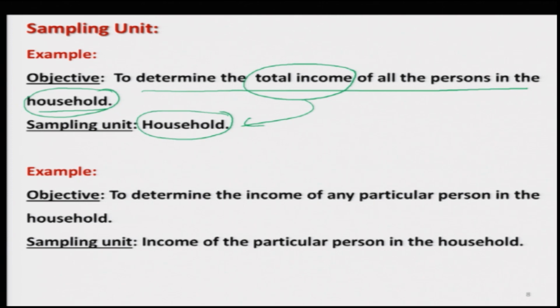On the other hand, in case the objective is to determine the income of a particular person in the household, for example, the income of the house lady who is possibly doing some job from home, then the income of the persons working in offices outside home is not going to be added.